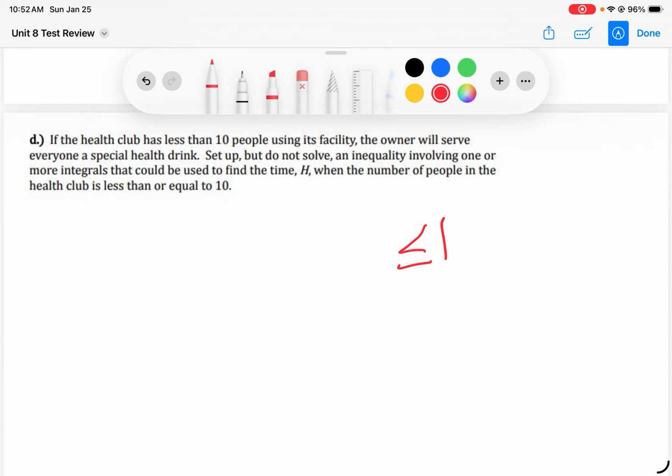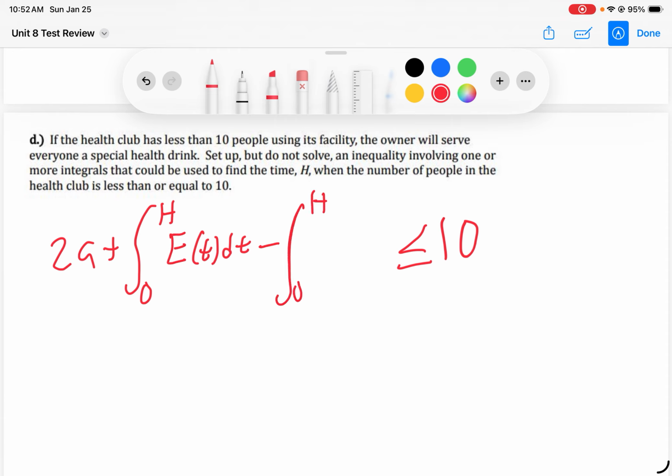So it's 29 plus the integral from 0 to h of the rate that people are entering. That absolutely matters. Minus the integral from 0 to h, L of t dt. I think that's pretty straightforward. H is the variable. This hopefully helps you understand.